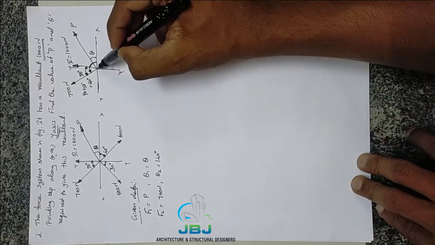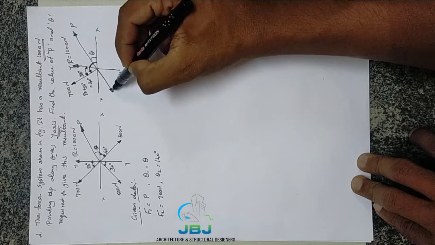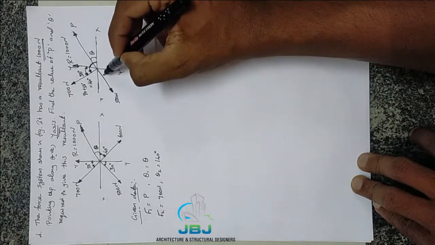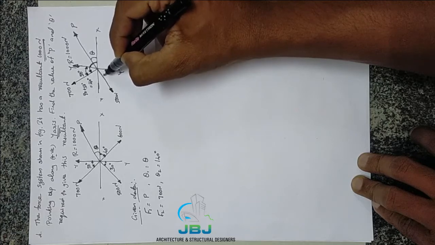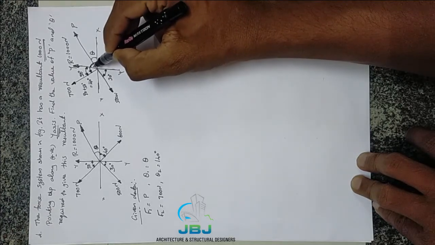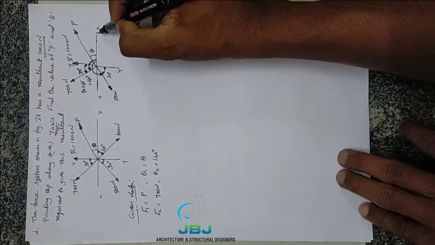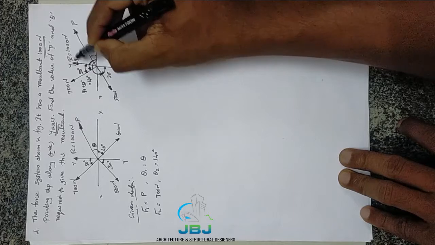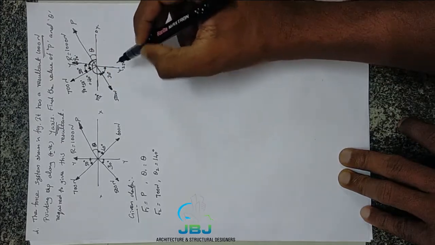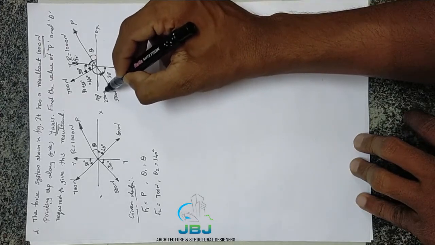Okay, similarly you can find the angle of inclination of this force from the x-axis. This value is 500 Newton. This angle is 30 degrees, but we want to find the angle from this point to this point, right? So this is 0 degrees, this is 90 degrees, this is 180 degrees, and this is 270 degrees.